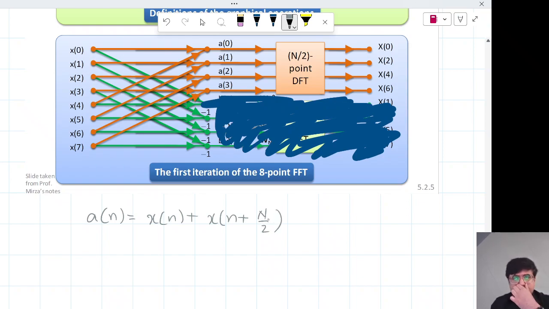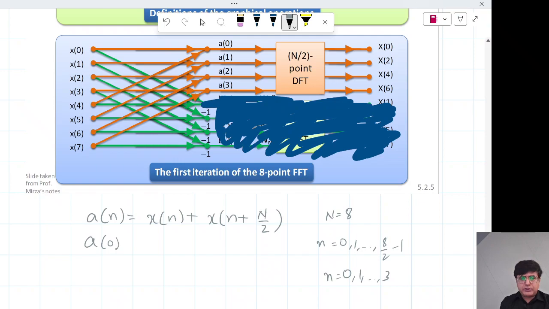Now here, what is this big N? Big N is the total number of points whose DFT I am computing. So what is the total number of points whose DFT I am computing? 8, so this big N is 8. But this n in this case goes from 0, 1 up until n over 2 minus 1, that is 8 over 2 minus 1, that is 3. 0, 1 up until 3. So I need to get a of 0, a of 1, a of 2, and a of 3.